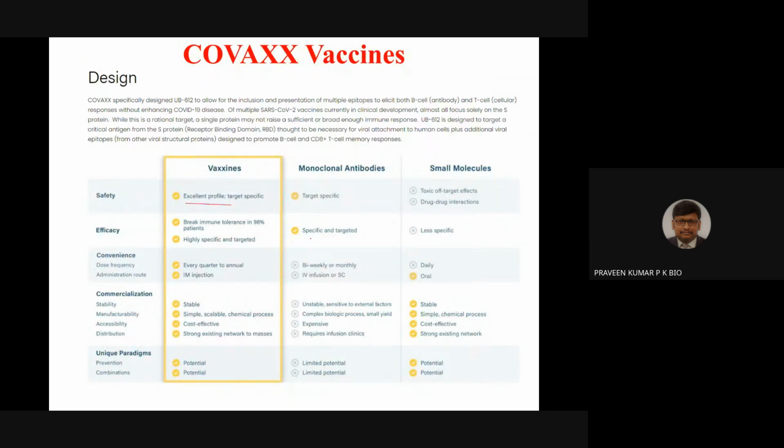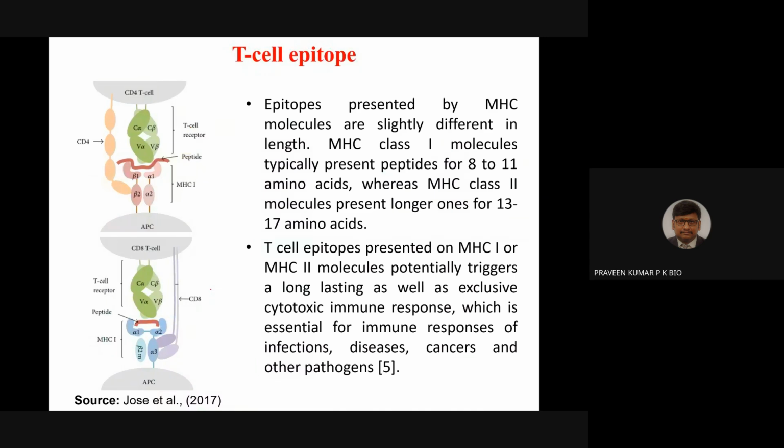It is specific and targeted, and compared to monoclonal antibodies, COVAX is somewhat cheaper, cost effective, and stable over a period of time. So there are multiple beneficial effects with the multi-epitope based vaccine. So we are discussing these kinds of vaccines, that is, peptide based epitope vaccines.